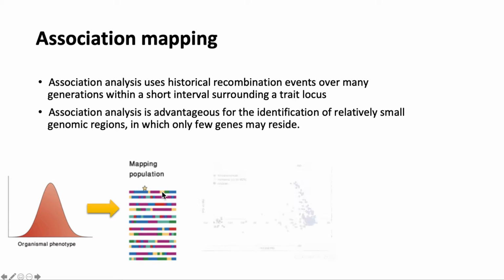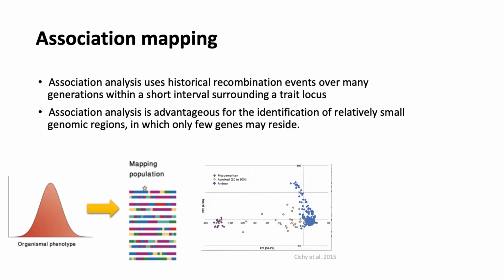But we have to be careful with these kinds of populations, because as we are putting together germplasm of different populations, we potentially can have a population structure in the population that we are using in the study.